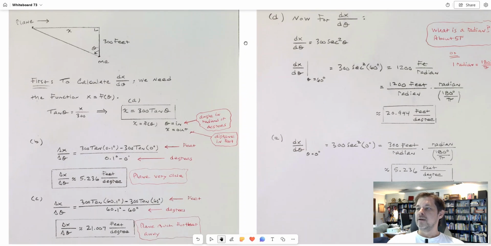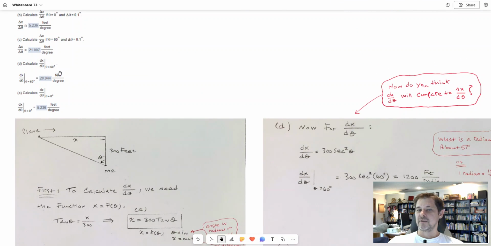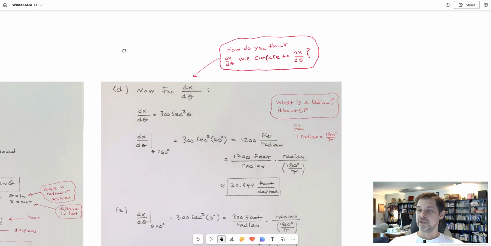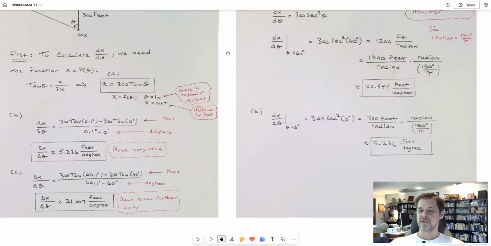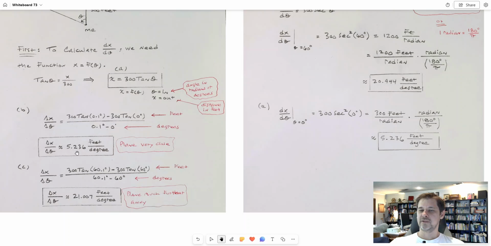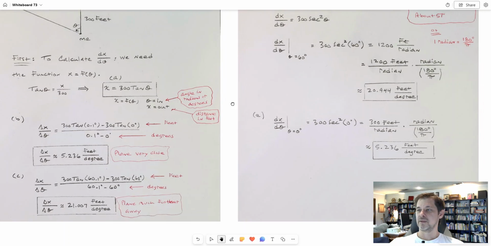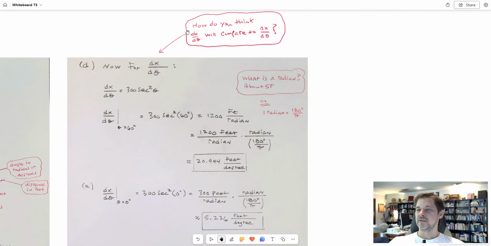Next, the part was to calculate the derivatives, or instantaneous rates of change. Another question is, if we can agree about what delta x over delta theta tells us, that if the angle shifts by a degree, the plane moves 5 feet through the air, for example, or if the angle of my line of sight shifts by a degree, the plane has to move 21 feet through the air, how does that compare to the derivative?